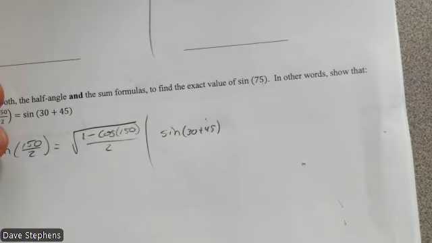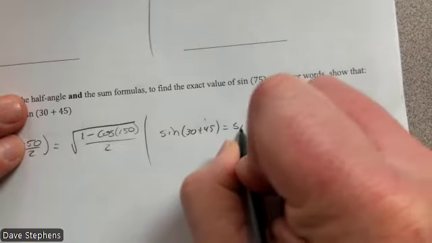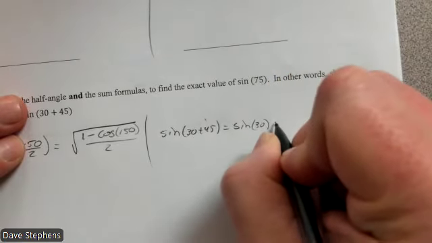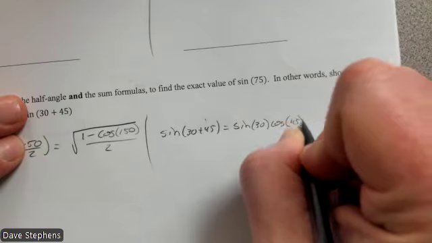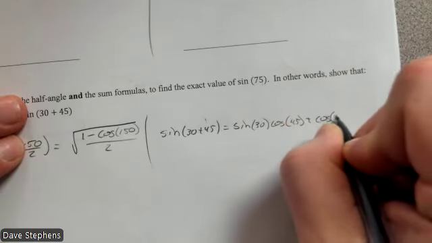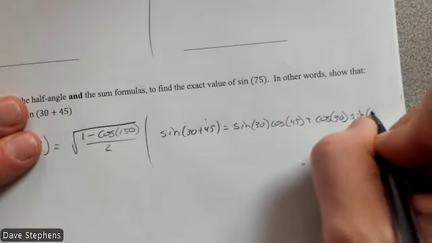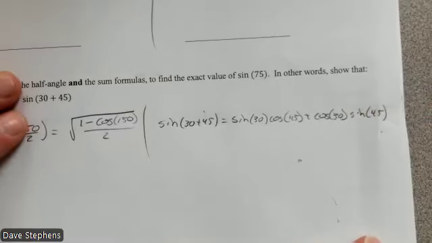Sine cosine plus cosine sine. So sine 30 cosine 45 plus cosine 30 sine 45. There we go.